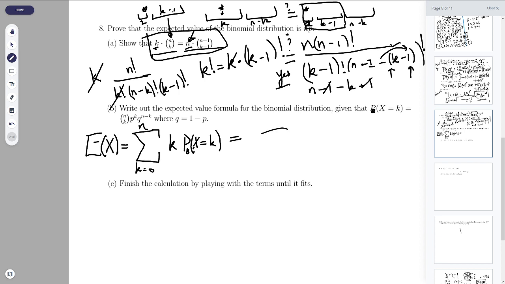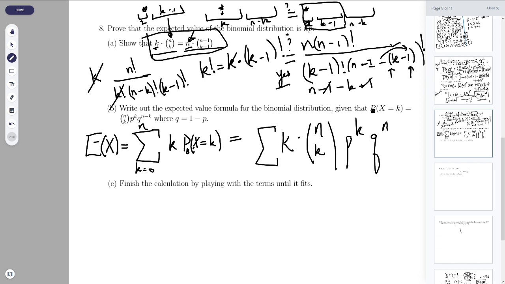So now we replace, whoa, that was one of the most disgusting summations ever seen. Slightly better. So here we're going to put a k times n choose k times p to the k times q to the n minus k.